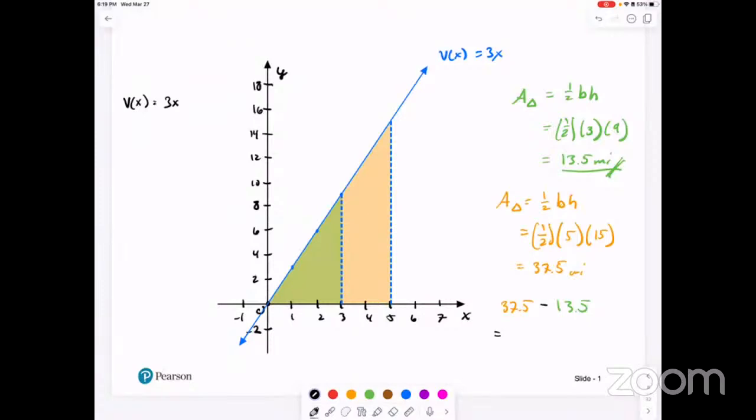So plus another 7, 24. Yeah, 24. Looks like it's 24 miles.